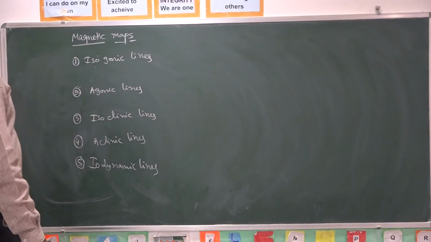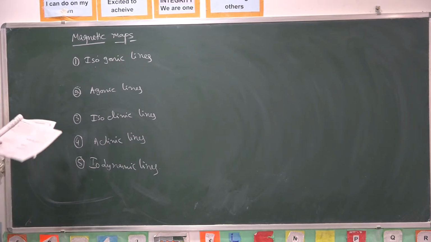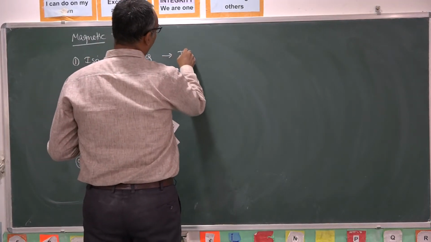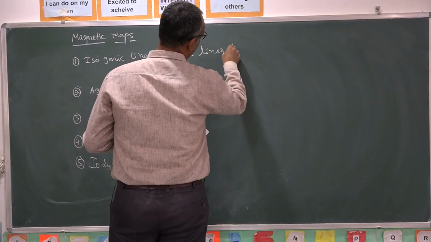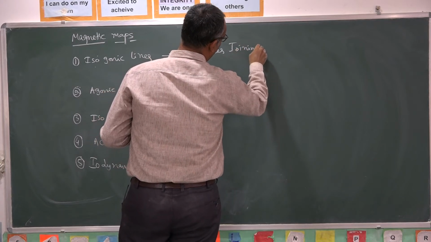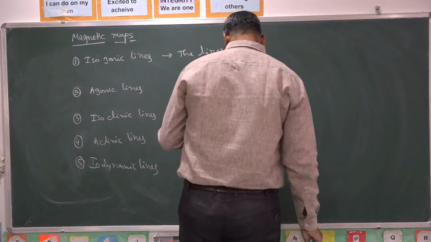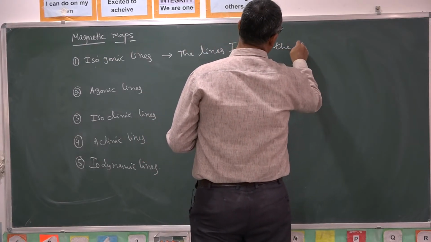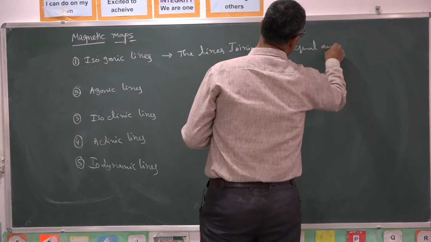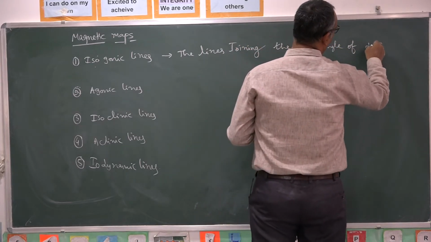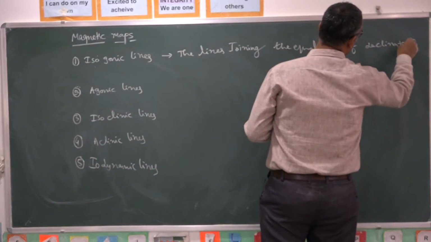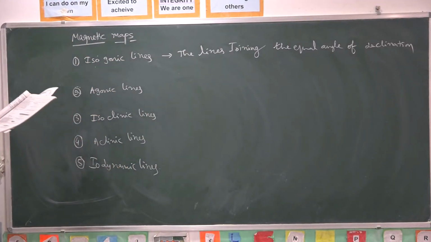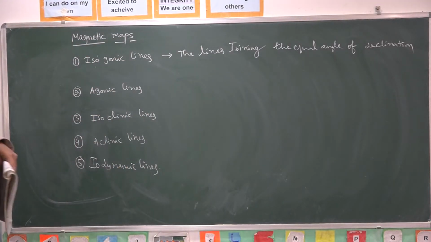I am giving you a brief idea about these magnetic maps. What are isogonic lines? The lines joining places with equal angle of declination are called isogonic lines.